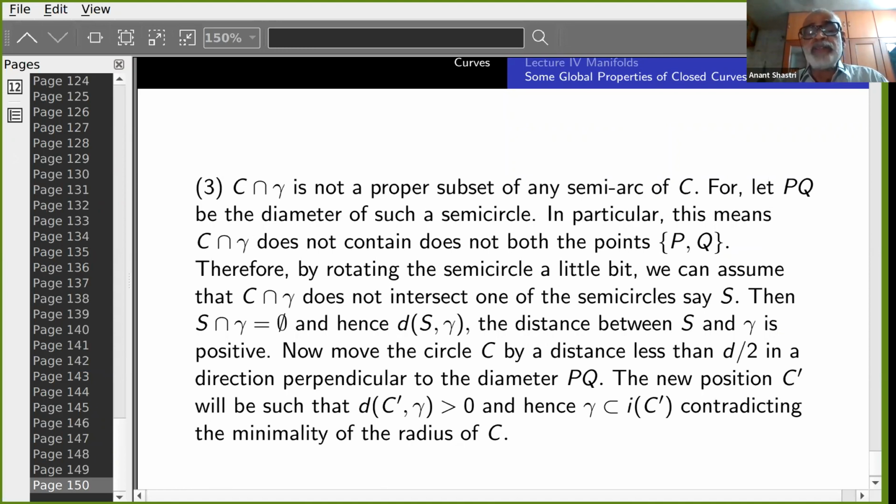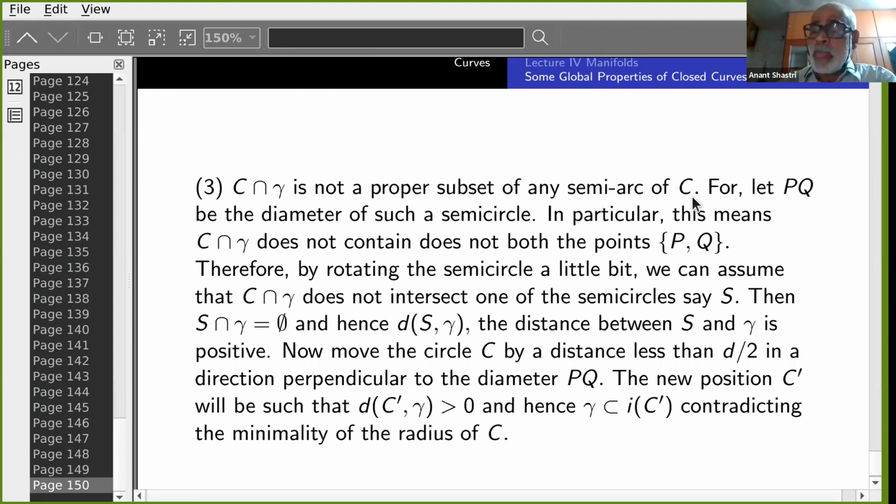Any diameter cuts it into two semi-arcs, half the circle, semicircle we say. The intersection points will not be contained on one side of any diameter on the circle. That is the claim here. Strictly on one side.